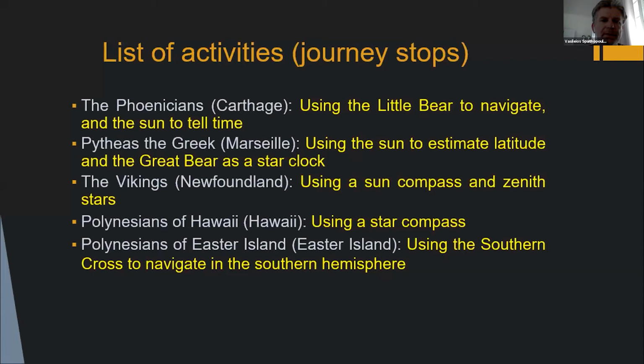The Vikings, obviously, came from very northern latitudes, and they mainly sailed in the summer. So obviously, a lot of their sailing was done in daylight. They used, or we think they used, a device called the sun compass. There's some history about that in this part of the journey.